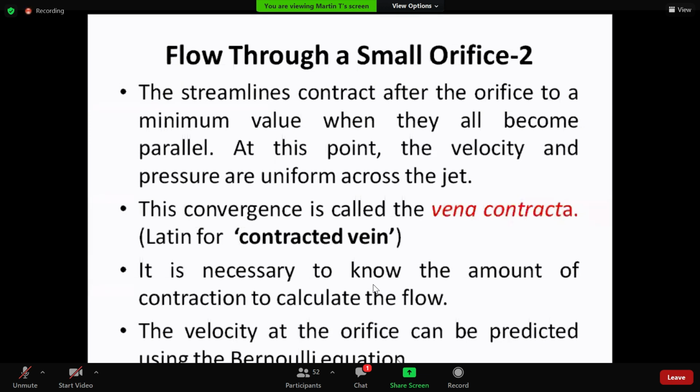If you're going to determine discharge, you determine it at that point where the streamlines are parallel, when there is some uniformity in the velocity of flow. So Bernoulli's equation can be used to determine the velocity at the orifice, and that way we can determine the discharge from the tank.